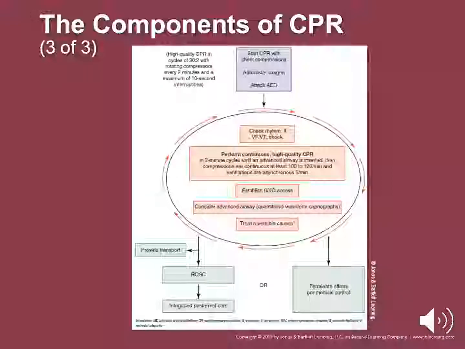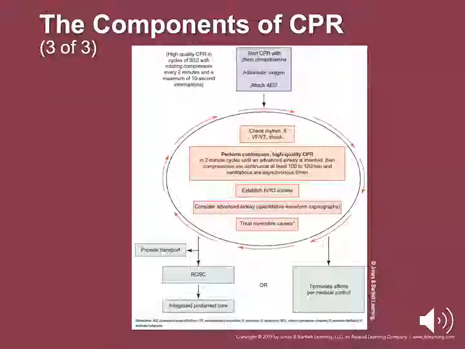At the advanced EMT level, you have to be in the AED mode, and the AED has to recognize the VFib and VTach. Provide high-quality CPR in cycles of 30:2, rotating compressors every 2 minutes with a maximum of 10 seconds of interruption. Make sure that you rotate people out every 2 minutes.